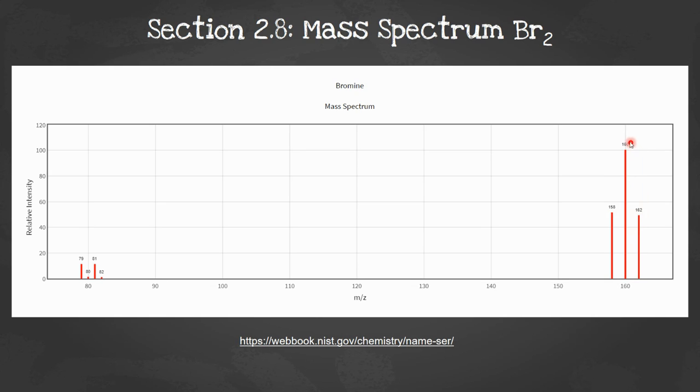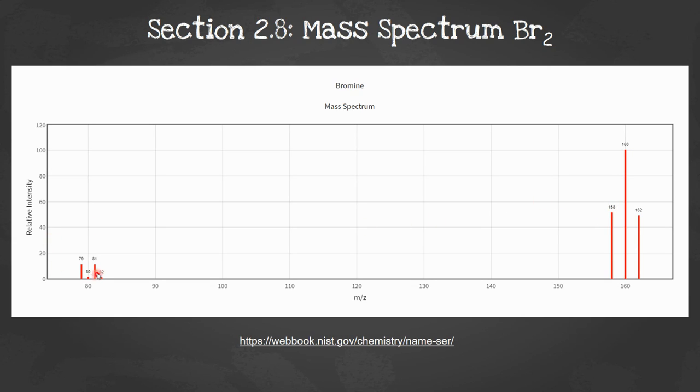So what would 160 be? This 160 peak would be due to which isotopes? It could be 2 of the 80s, but the chances of it having this high of an intensity is not very likely. It's going to be a 79 with an 81, making up this peak right here. And 2 less than that, what's going to be this 158?